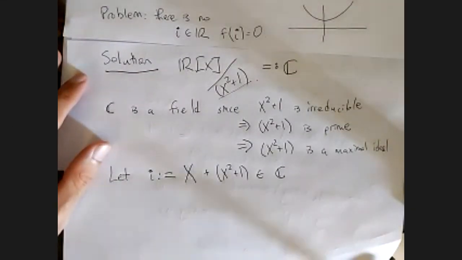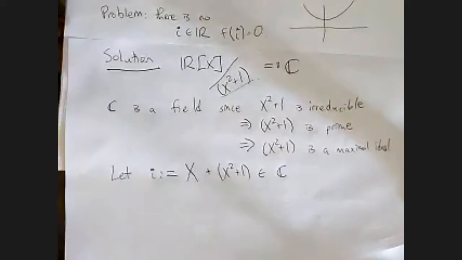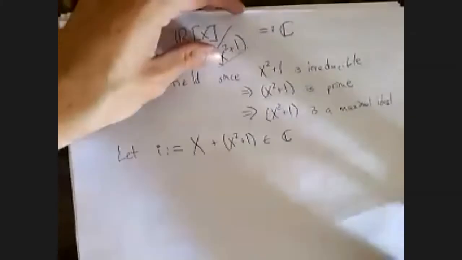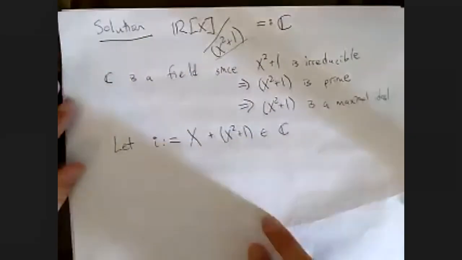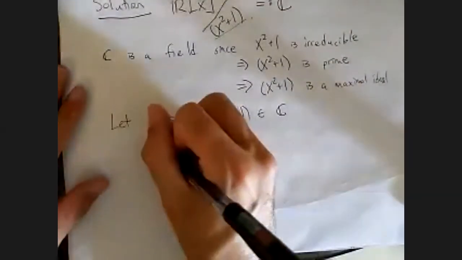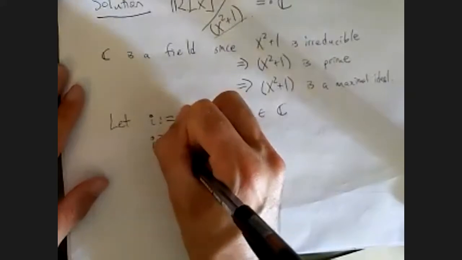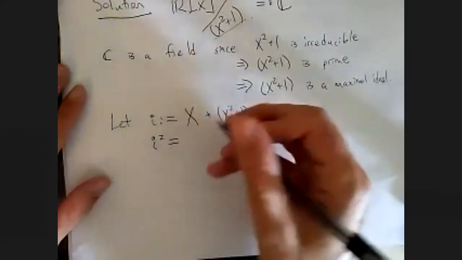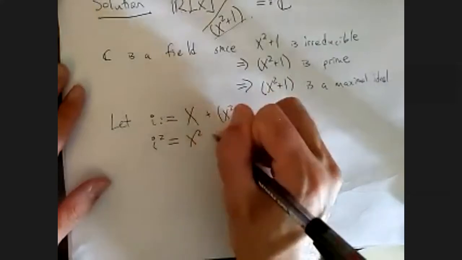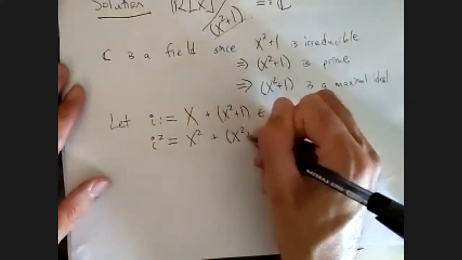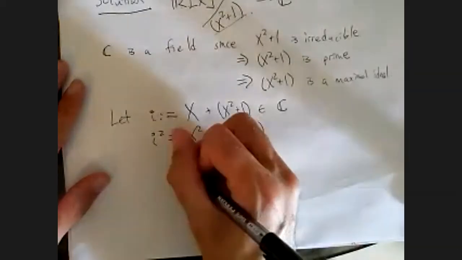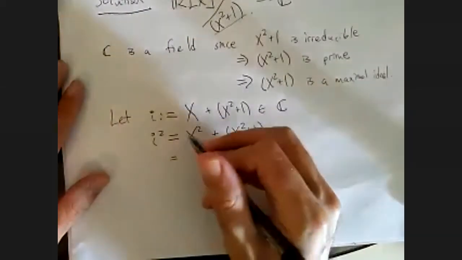Okay. And now, why does this solve our problem? Well, if we look at i squared, that's just the coset of x times x, so it's the coset of x squared. Well, I can add and subtract 1.